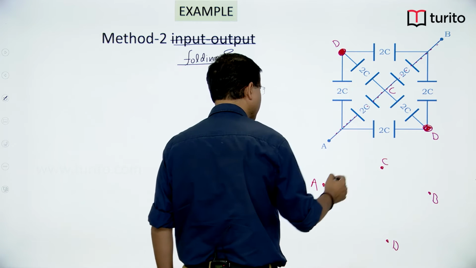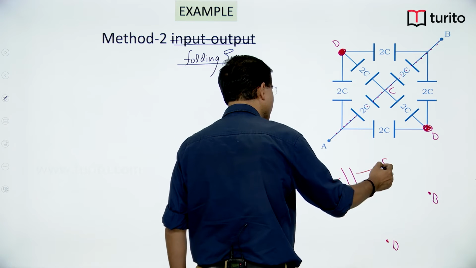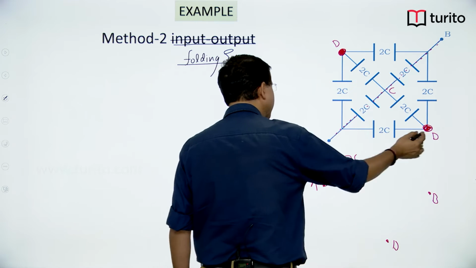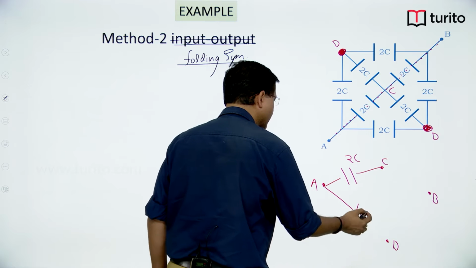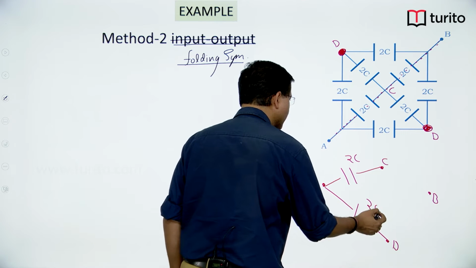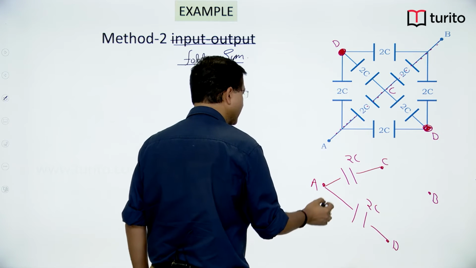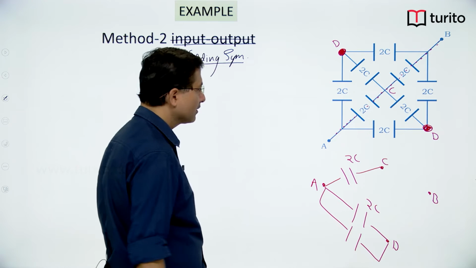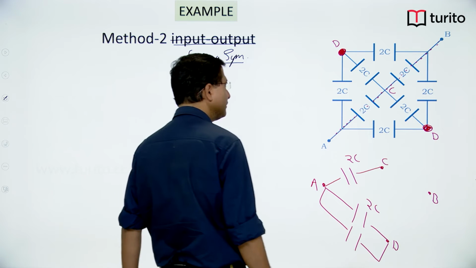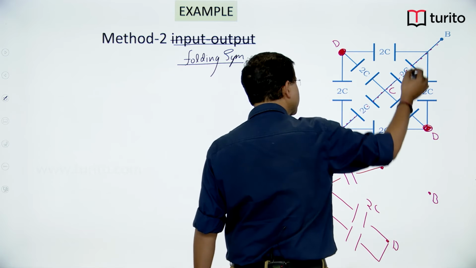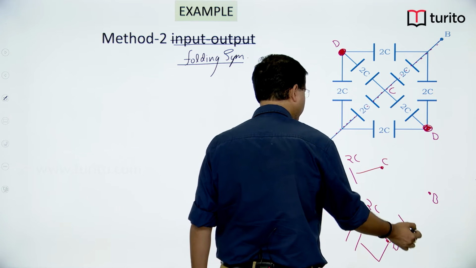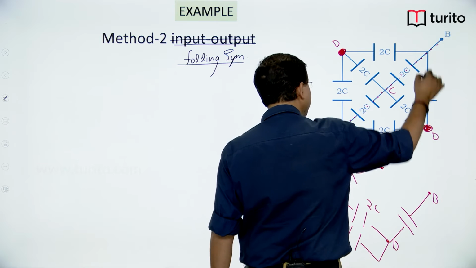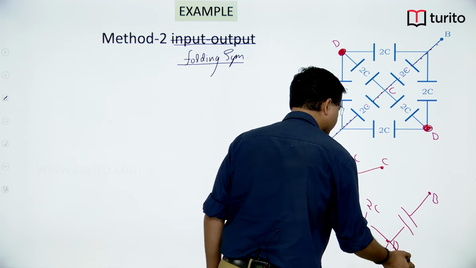Between AC, this is 2C. Between AD, there is one 2C here, and between AD I can see one more 2C, right. And then between DB, one capacitor 2C, and between DB there is one more capacitor.